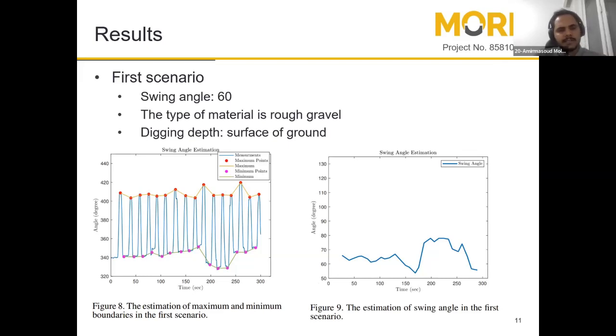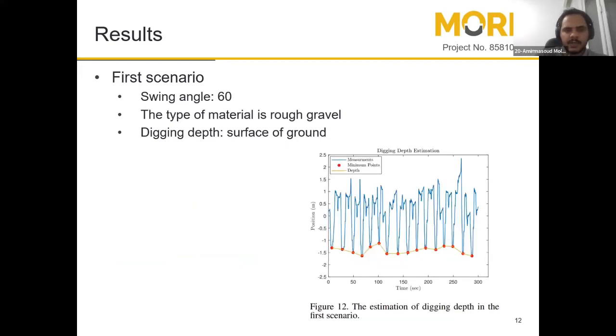As you can see in figure number 8, the method can correctly detect the scooping and dumping positions, and by using the difference between them, we can determine the swing angle of the operation. As you can see, it is around 60 degrees.